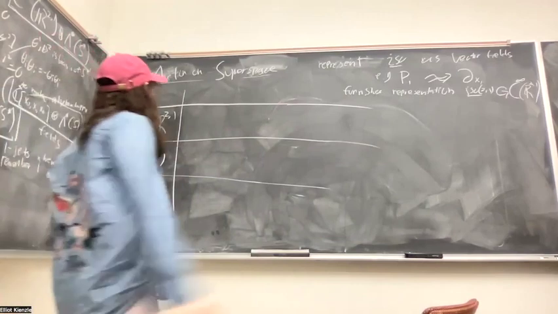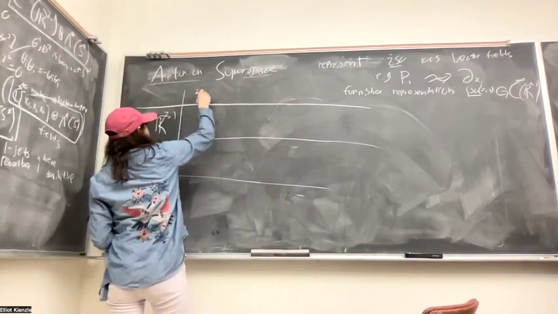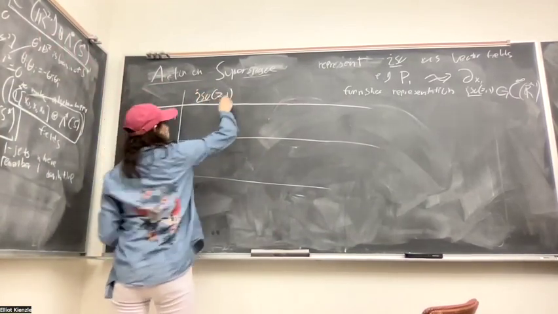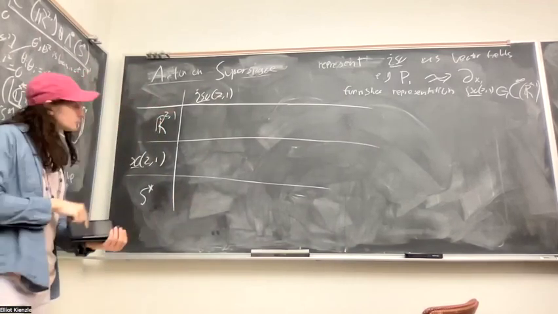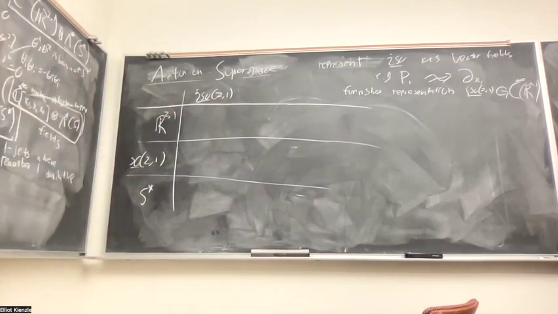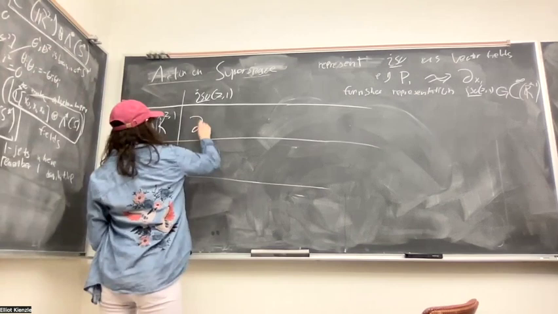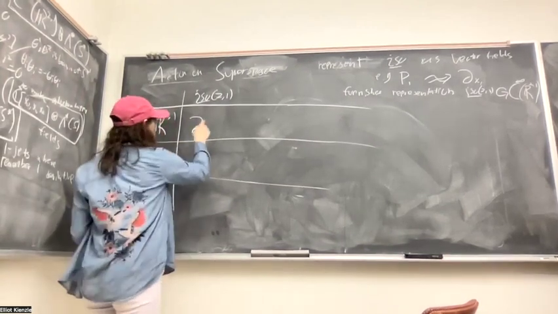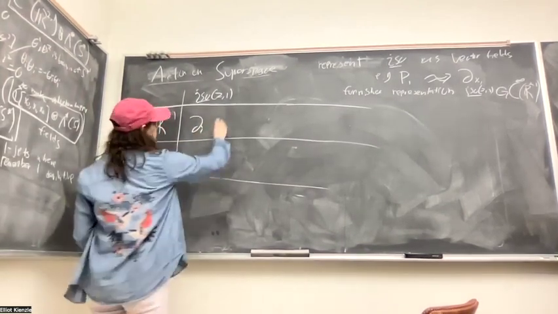Let's start with the usual case, the one we're familiar with, non-supersymmetric. Like I mentioned before, we have a representation of the translations P as partial derivative in the ith direction.